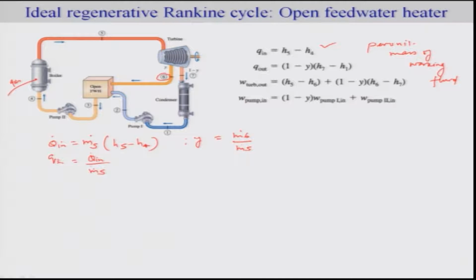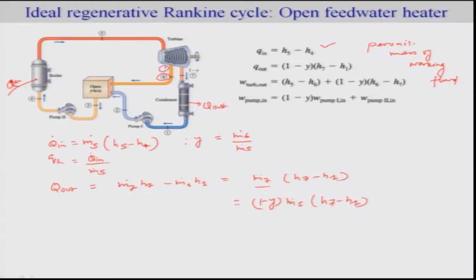m dot 5. Okay. Similarly, we can find Q out at the condenser. Okay, I can also write this in terms of capital Q in, and Q out is your m dot 7 H7 minus m dot 1 H1, or in other words, as m dot 7 is the same as m dot 1. And what about m dot 7? M dot 7 here is nothing but 1 minus y times m dot 5, times H7 minus H1.